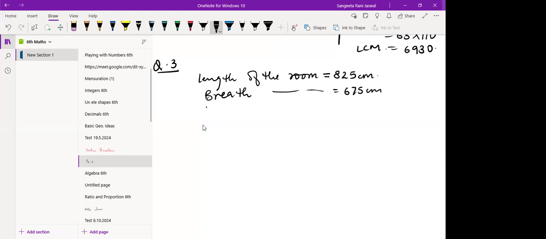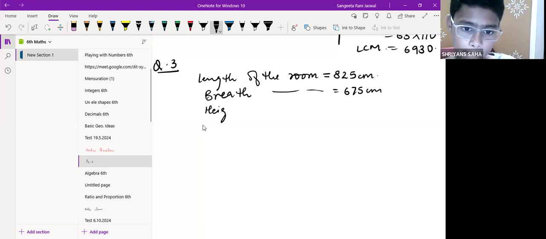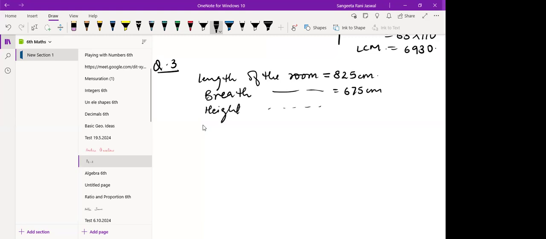Next is the height of the room, which is given to be 450 centimeters. Then you have the longest tape. So the measure of the longest tape will be the HCF of these, the highest factor which will measure all these exactly.